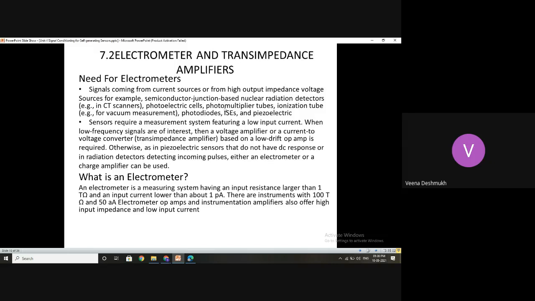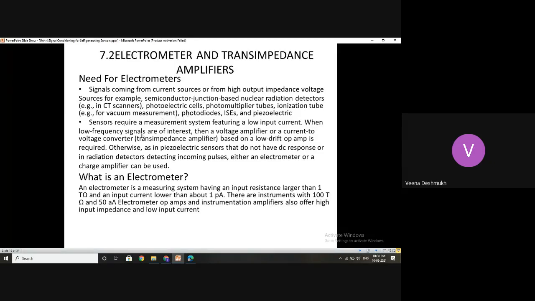Similarly, the photomultiplier tubes, where the photon number is more when they multiply, but the current which is produced out of them is very, very low. So they give high voltages, but the currents are very, very low. So these are the examples where we need to sense the currents.